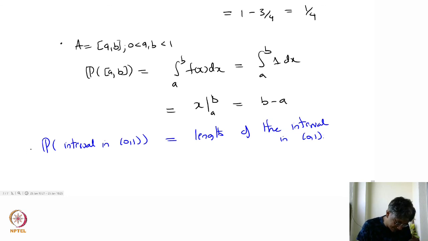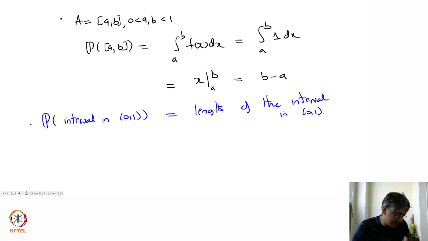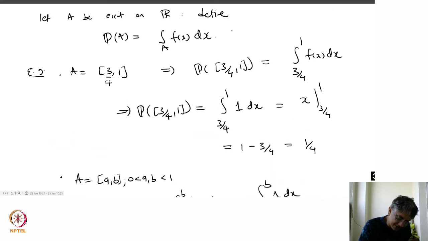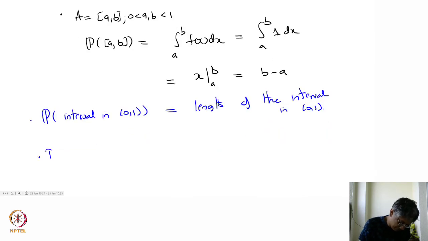This is one thing to achieve by this density function. One can also check the following, which we will do next time: let's call P, defined by star, is indeed a probability.